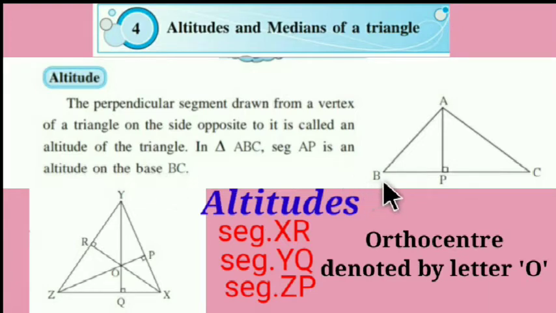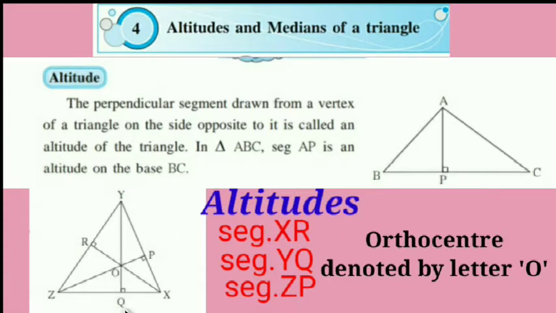Here, see triangle ABC. BC is the base and the opposite vertex is A. From this, a perpendicular is drawn to the base BC. Hence AP is the altitude on base BC.